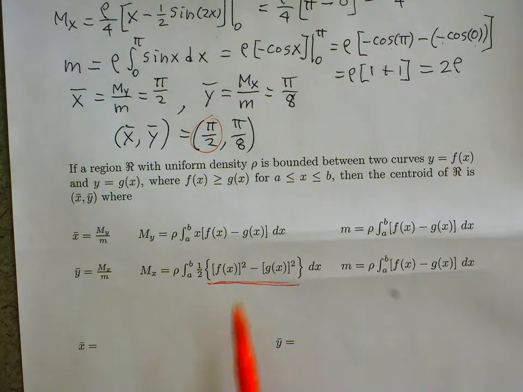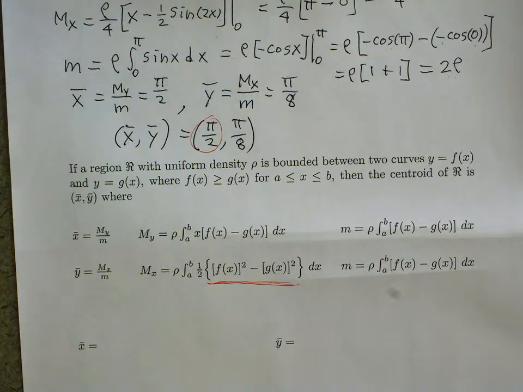We have to square f of x and then square g of x and then find the difference. So in other words, it's not the quantity f of x minus g of x, squared, which is an easy mistake to make if you're not careful. So we have to square f of x, square g of x, and then find the difference.